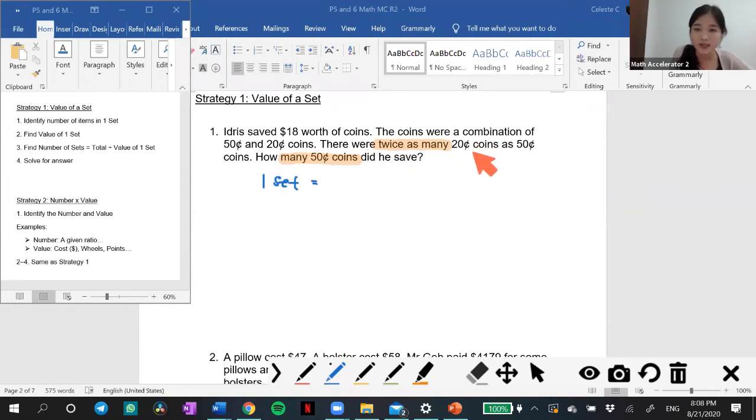Twice as many 20-cent coins as 50-cent coins. This must mean in one set, okay, 20 cents, you have 2 of it because twice as many. And then 50 cents, you only have 1.